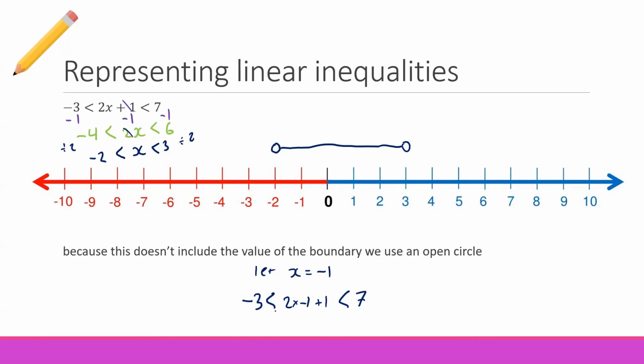Let's check. -3 is less than 2 times -1, which is -2, plus 1 is -1, which is less than 7. Is -3 less than -1? Yes, it is. Is -1 less than 7? Yes, it is. So this actually works.